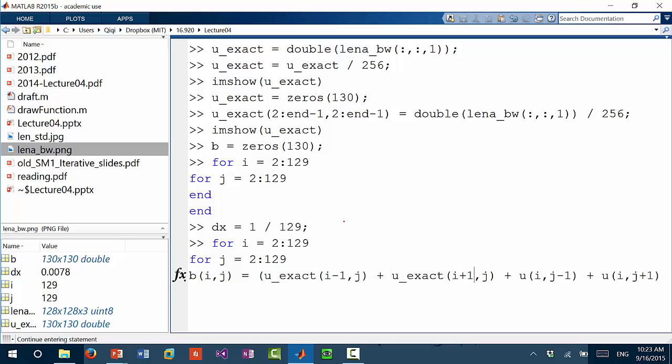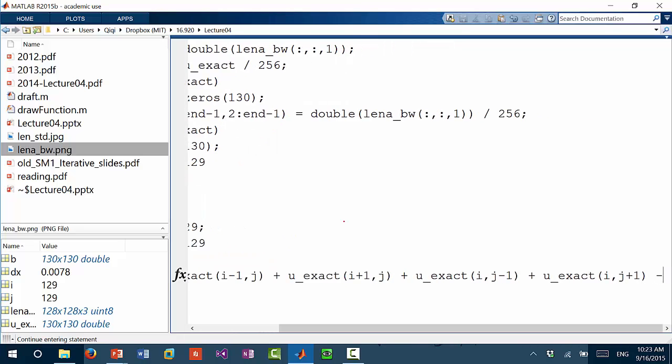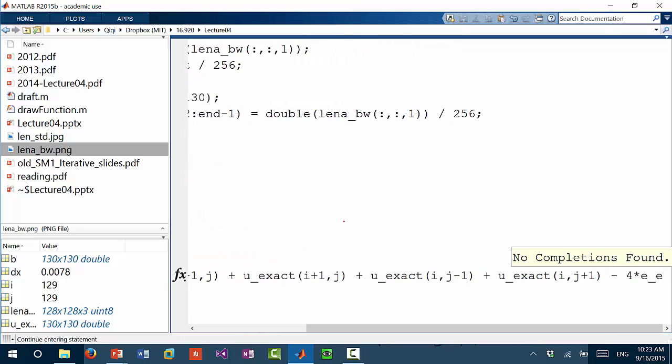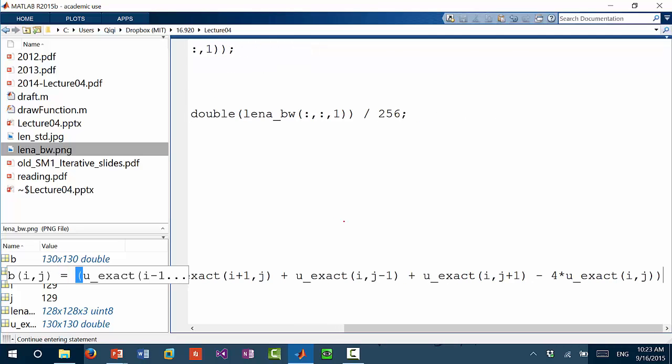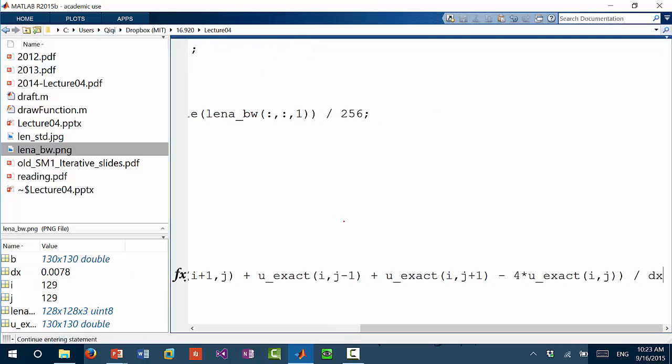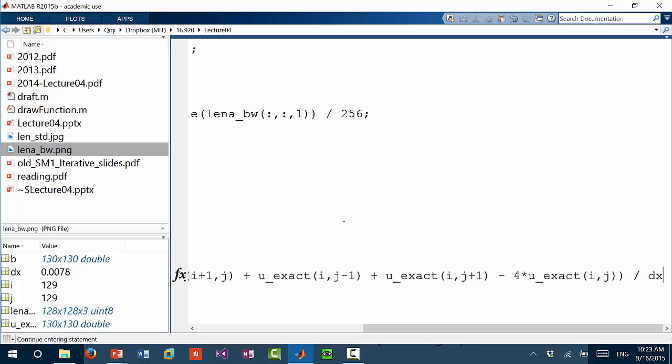Copy, paste, minus 4 times u exact. Did I? Oh, u exact. ij divided by delta x square. Is it? What is Matlab square?